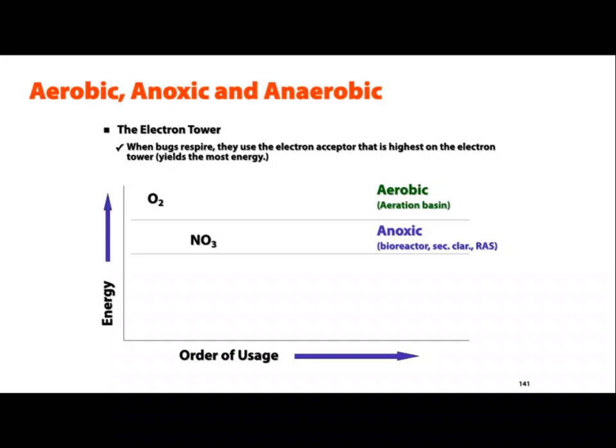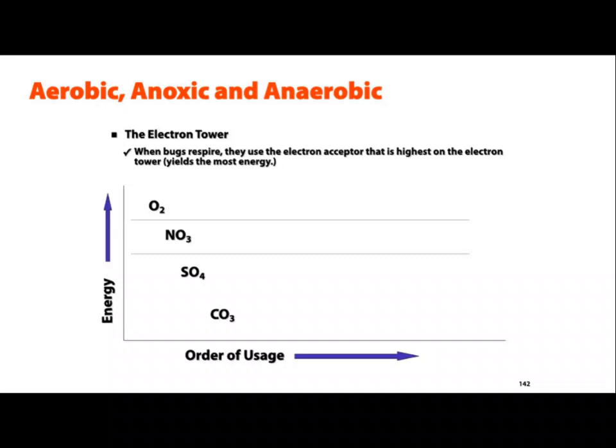When oxygen is no longer available, the next energy yielding molecule is nitrate, and that's what we call anoxic. That would be the selector in the bioreactor. And then we move on down to sulfate, and then iron, carbonate, and hydrogen.